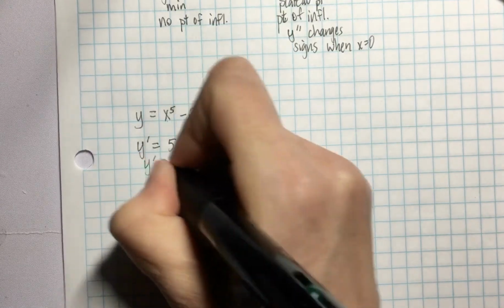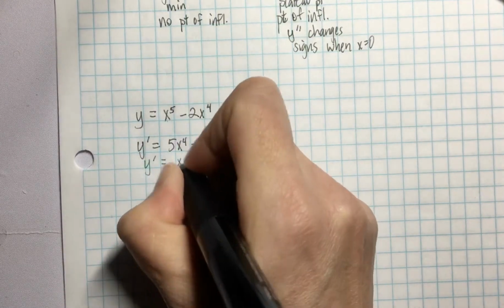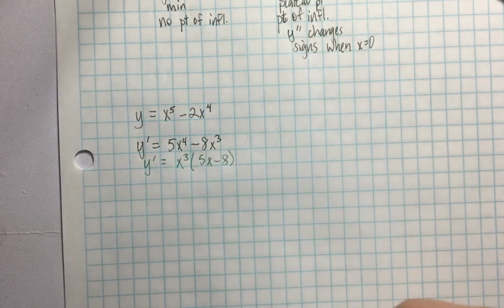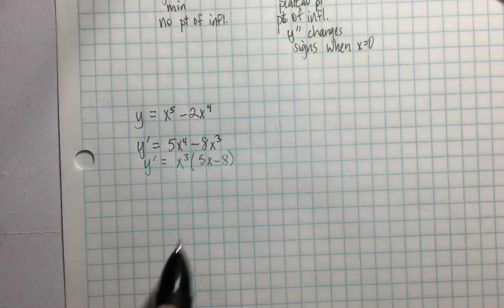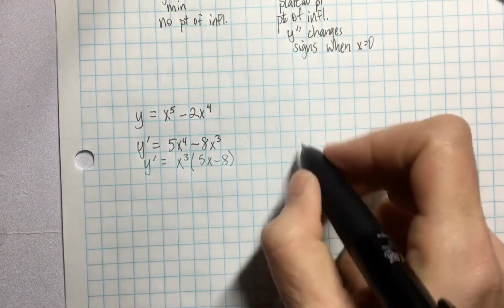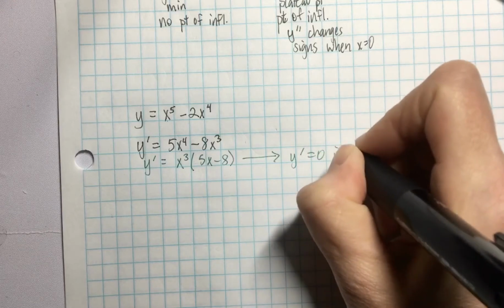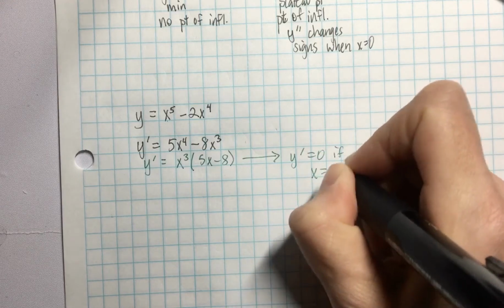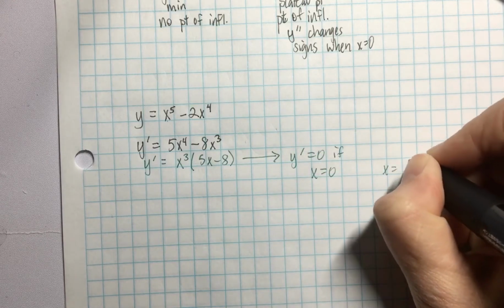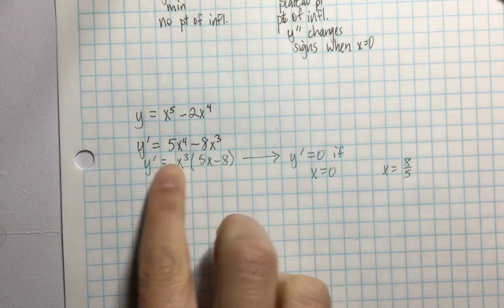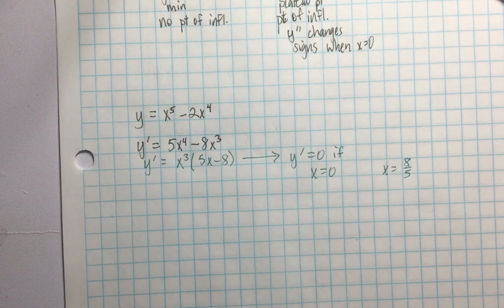I can factor an x cubed out, leaving me 5x minus 8. That helps me to find where this equals 0. Y prime equals 0 if x is 0 or if x is 8/5. Because remember, if you have a product that's 0, one of those two pieces has to be 0.